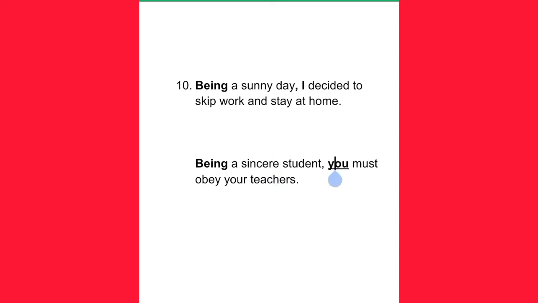So there the word being is used for you, but here being is not used for I. Being is used for the sunny day. You getting it? Being a sunny day. Therefore the answer would be, it must begin with it. It being a sunny day. This correction is required here. It being a sunny day, I decided to skip work and stay at home. And therefore I said it's a little tricky, and therefore I tried to explain it to you.